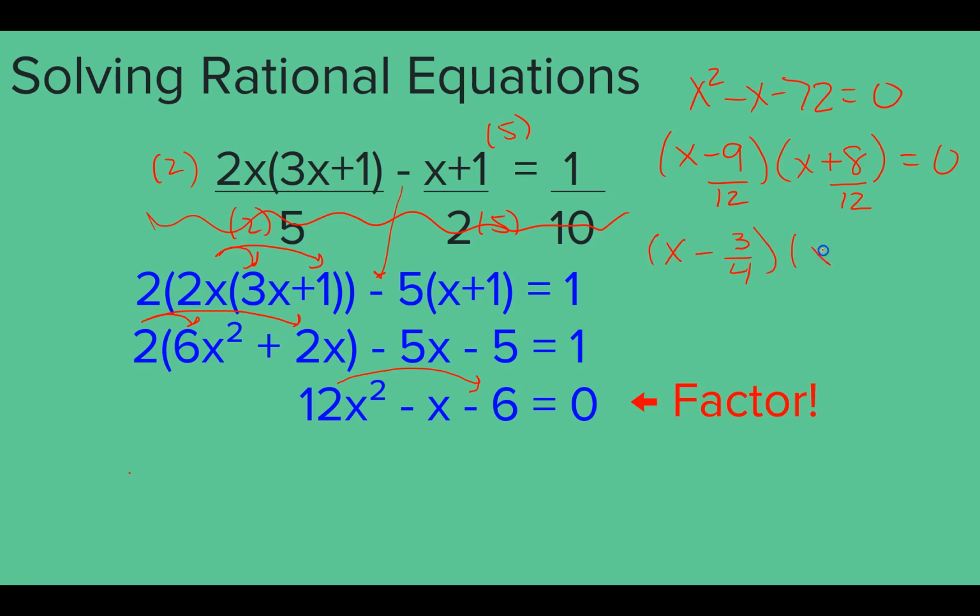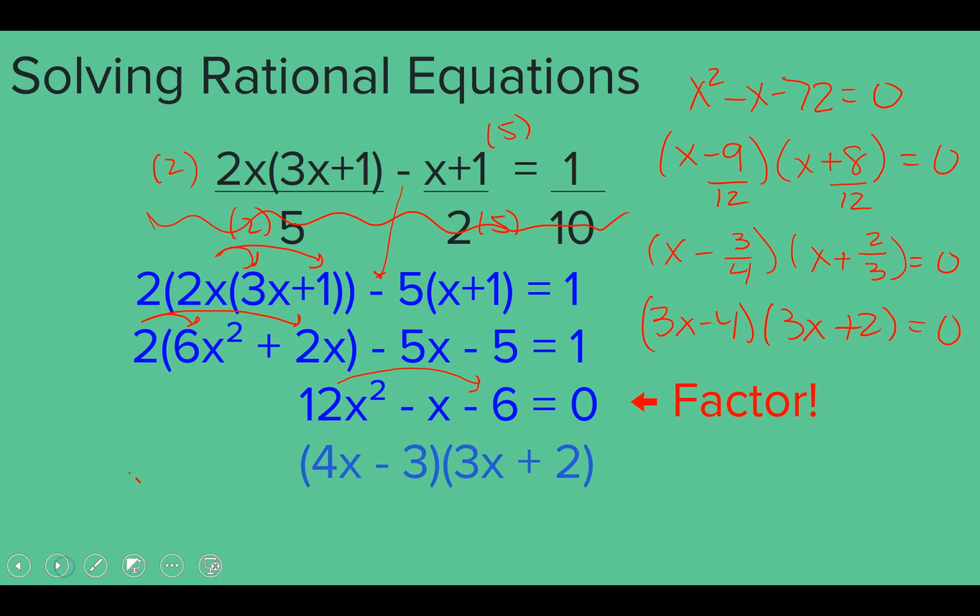And then 8 over 12 simplifies to what? 2 over 3? So that's going to give me 3x minus 4 and 3x plus 2. Oh, what did I do? Put those in the wrong spot. That's what I did.